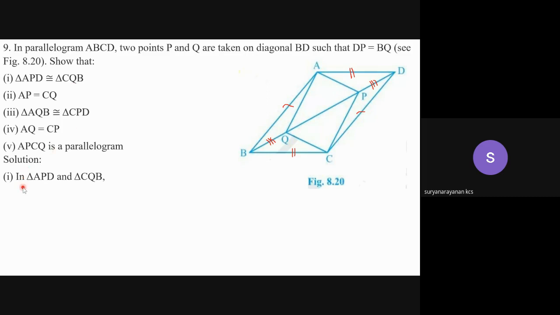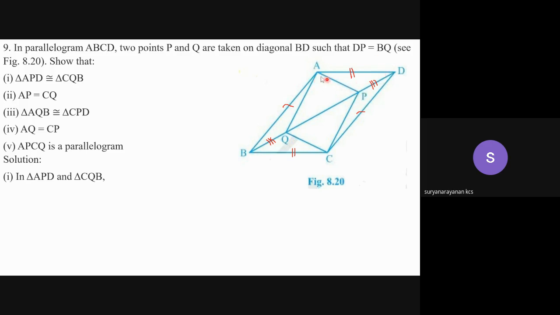That is why we have taken these two triangles. In these two triangles, observe the two triangles only, not the entire figure. Don't look at the entire figure, only triangle APD. Concentrate only on triangle APD and triangle CQB. APD. See here, I am showing that triangle by laser point.